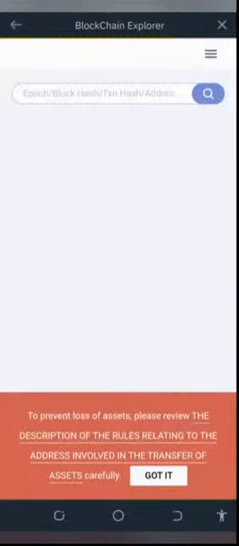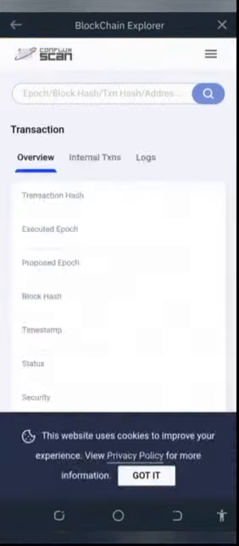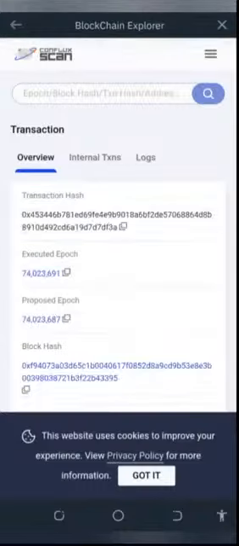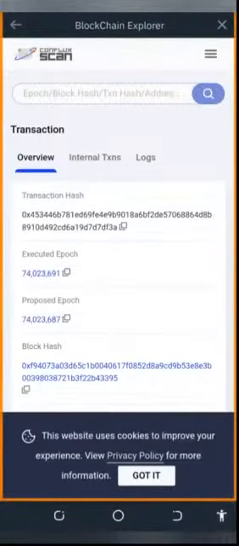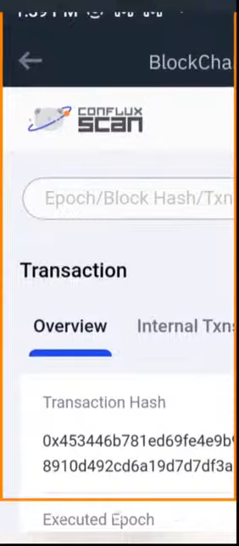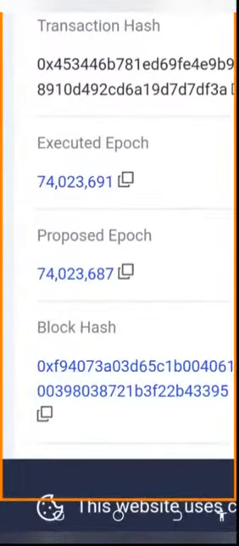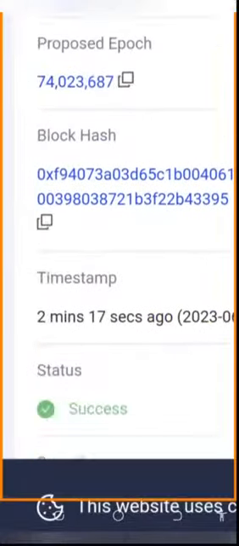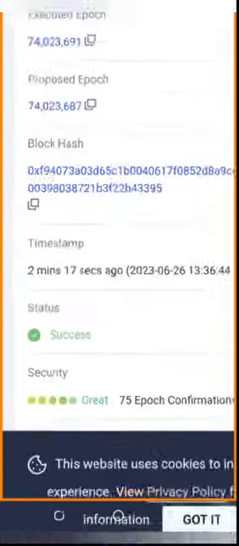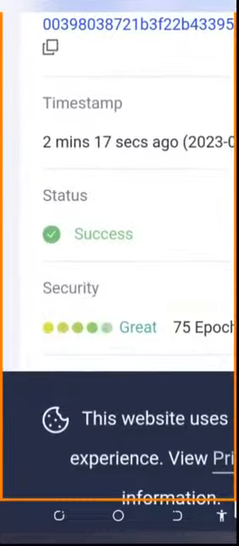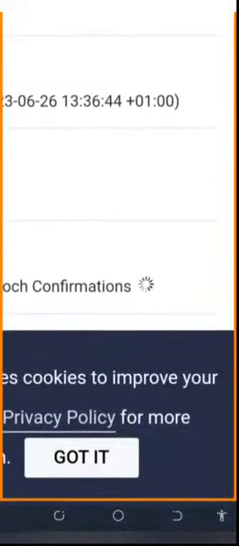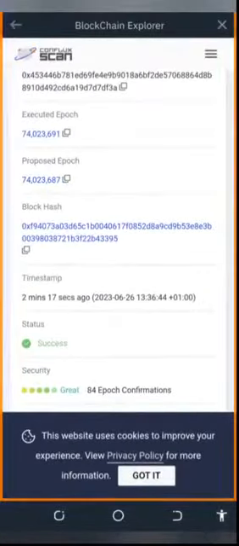Okay, to prevent loss of assets, please. Oh, what's all this? Okay, got it. Let's see what is going on here. Is there anything we need to check? This is Conflux scan. All right. It's still doing its thing. It says success. Status is success, actually. All right. So we're still waiting.